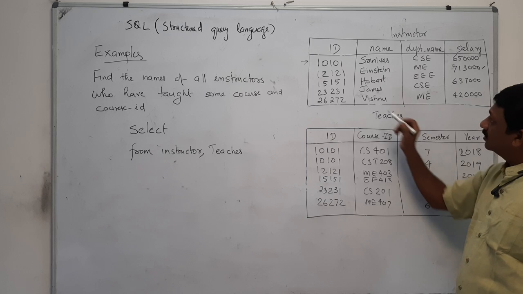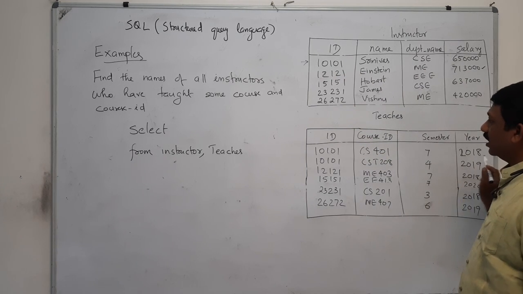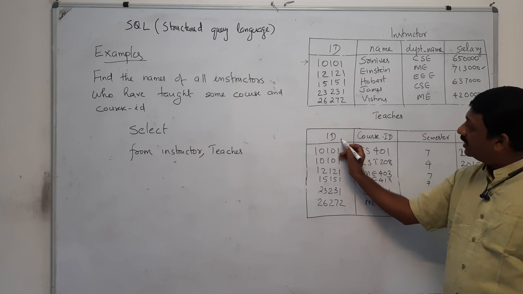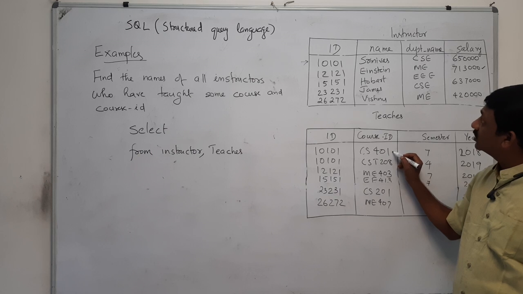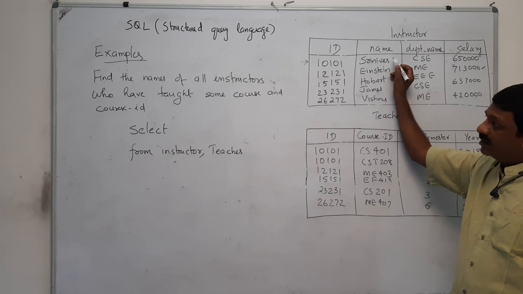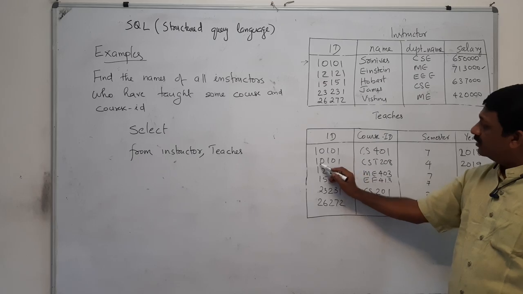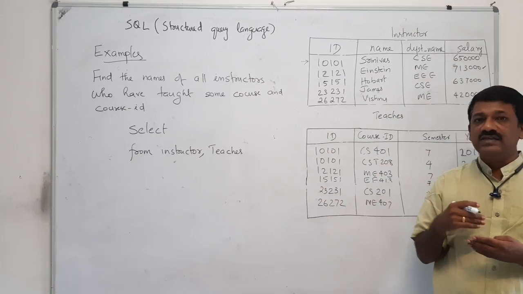So in that case, the valid ones are when you are multiplying this by this, then the entry will be 10101 Srinivas, this and this. Okay, in that case, definitely this ID and this ID are the same. In that case, you can extract this course ID and name. Next case, when you are multiplying this with this, again 10101 and 10101, that means both IDs are the same.